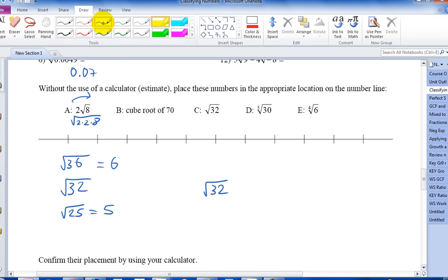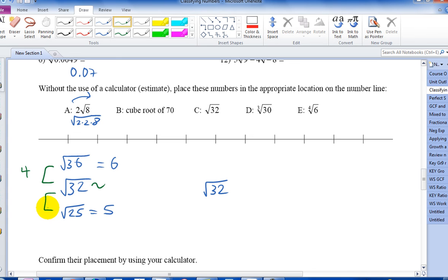So what's the approximate value of the square root of 32? Well, are you closer to 5 or closer to 6? Yeah, a lot closer to the 6. So here we look at the distance. How far away is 32 from 36? There's a difference of 4. What about 25 to 32?